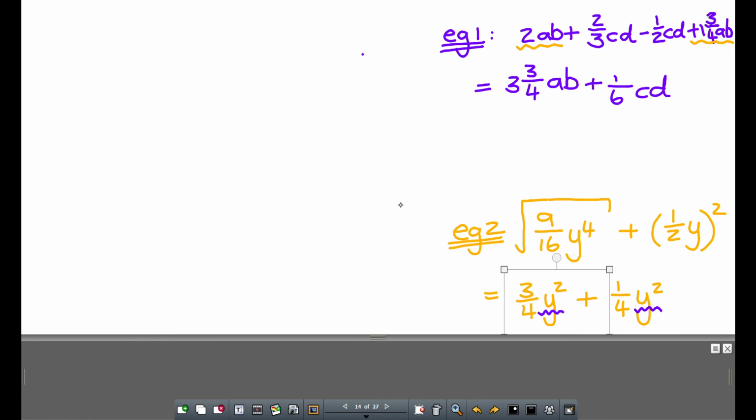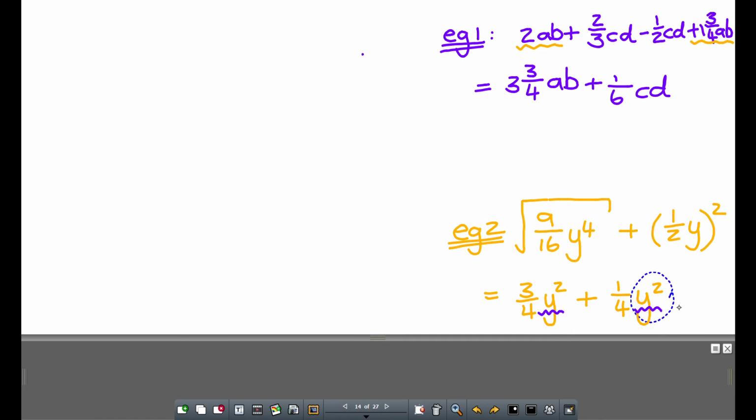Now, this little square applies to the half and to the y. Because there were brackets around that half y, it means that the square root applies to everything inside the bracket. Okay, so a half to the power of 2 will give me a quarter. And then y to the power of 2 will be y to the power of 2.